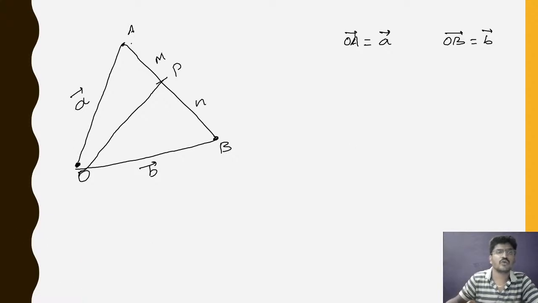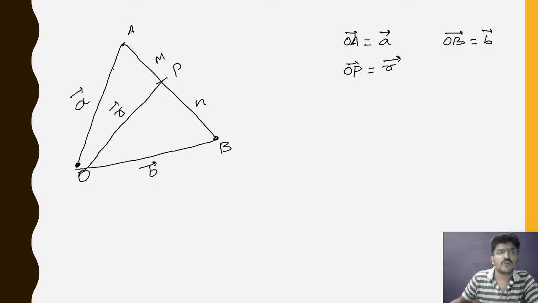So here the OA vector is vector A, the OP vector is vector R, the OB vector is vector B. Here you can also write the OP vector equal to vector R. Clear?